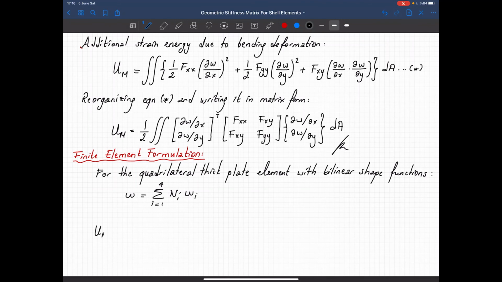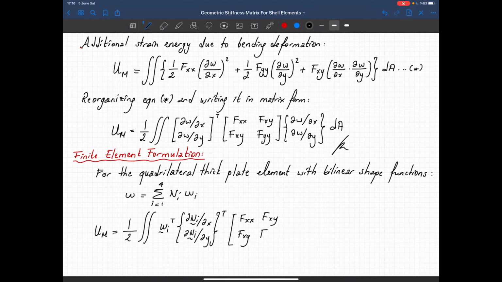Now, in that case, the additional strain energy will be equal to 1 over 2 double integral of Vi transpose, del Ni del X, del Ni del Y, transpose, multiplied by the stress matrix or the internal force matrix Fxx, Fxy, Fxy, Fyy, multiplied by del Ni del X, del Ni del Y, dA.